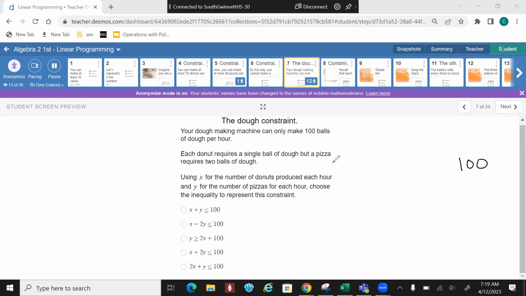How many balls can we make in an hour? 2 for pizzas, right? And pizzas are y. What about the x's? It's just going to be 1x, right? Now, is it at most 100 or is it more than 100? Only can be 100. So at most 100, right? So which one of these inequalities looks like that? This guy.